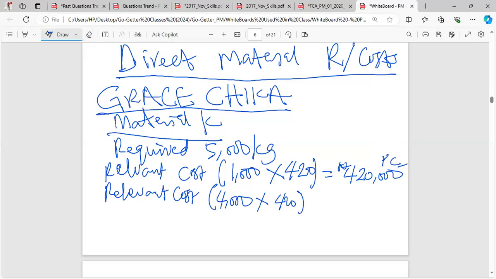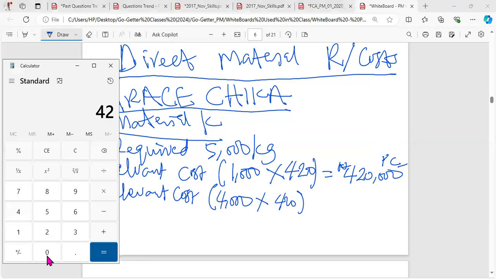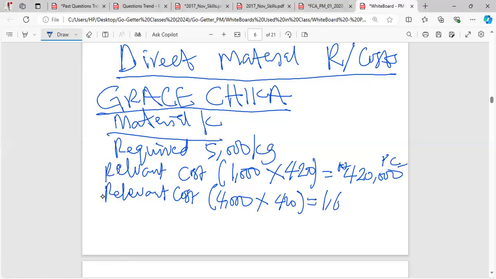So that will give us how much? 420 multiplied by 4,000. That will give us 1,680,000. So this is called replacement cost. Although we are using the same amount to go and buy it.